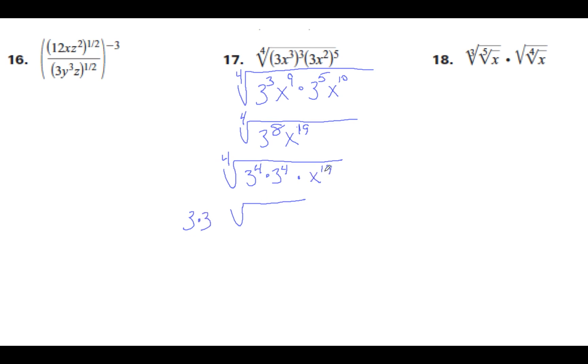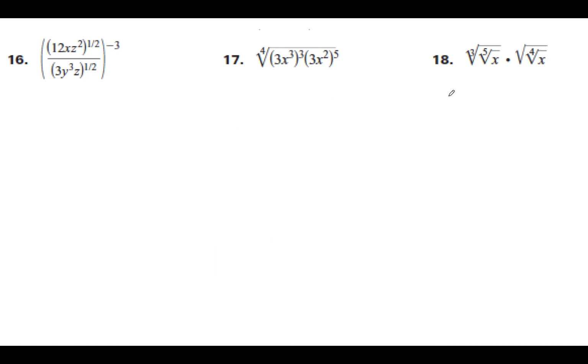X to the 19th, that's going to be 4 x's come out, 16 x's come out, so x to the 4th, and I'm leaving x to the 3rd in there, so my final answer, 9x to the 4th, 4th root, x to the 3rd.